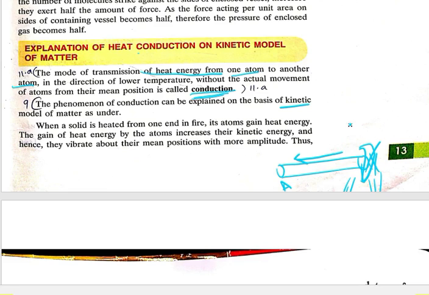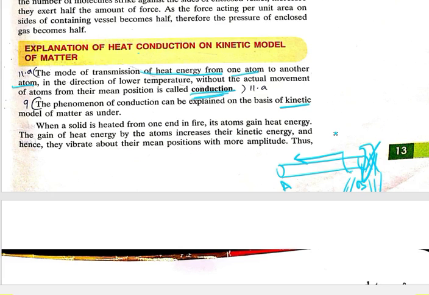So when a solid is heated from one end in fire, its atoms gain heat energy. At point B, the atoms will gain energy, and the gain of heat energy increases their kinetic energy.